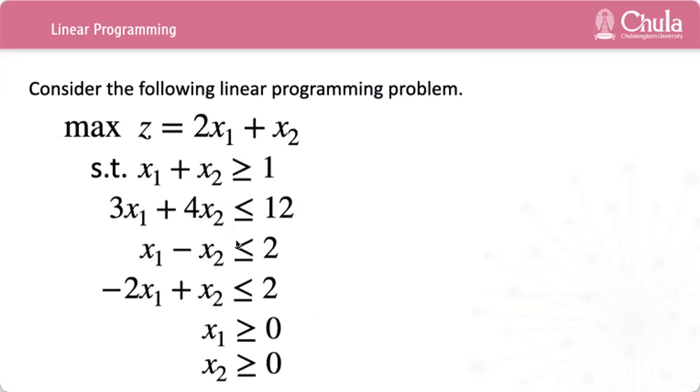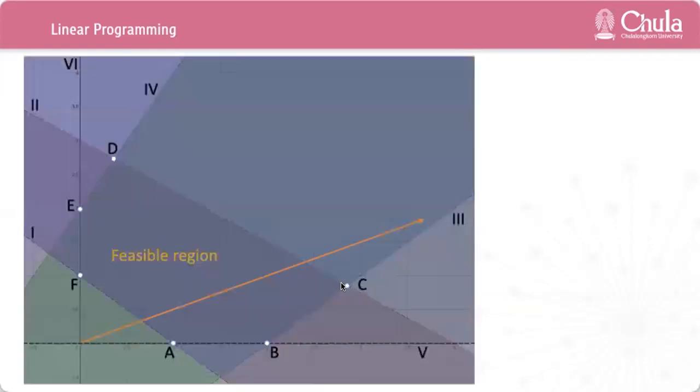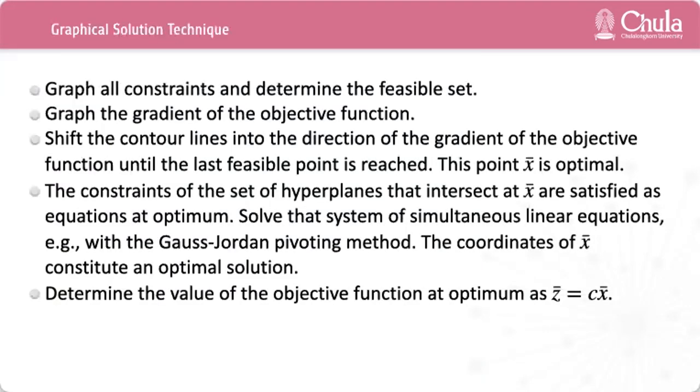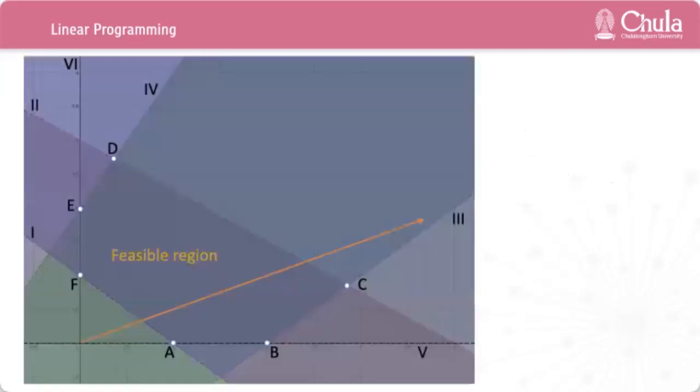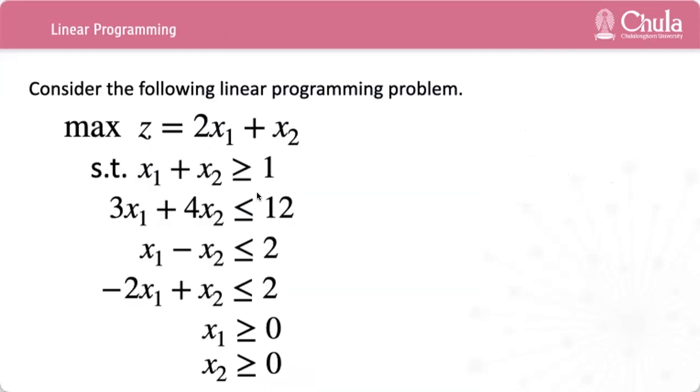You change it to equality, an equation instead, because we know it's active, so it must be equality. So you solve the problem for the cross intersection, and you obtain this point. And if you want to know the objective function, you substitute x1, x2 and solve the problem.